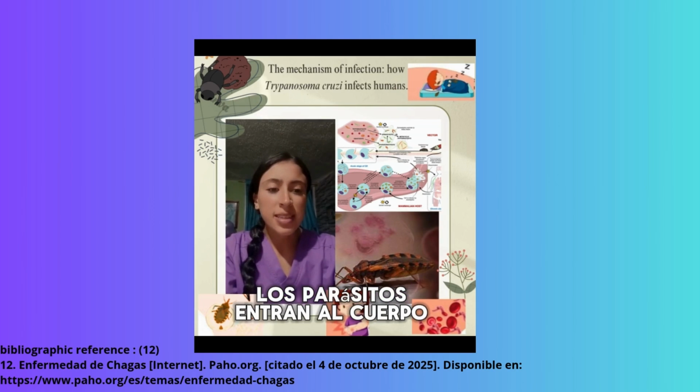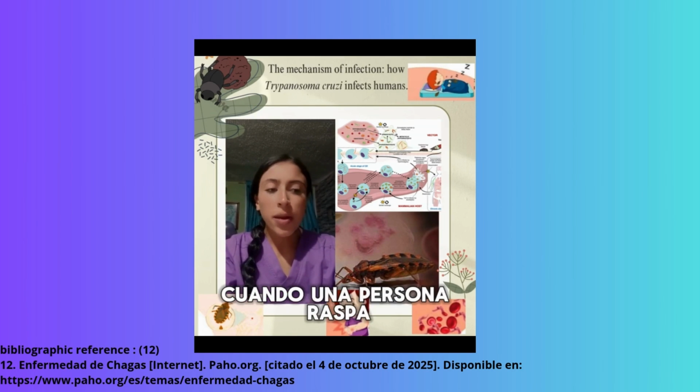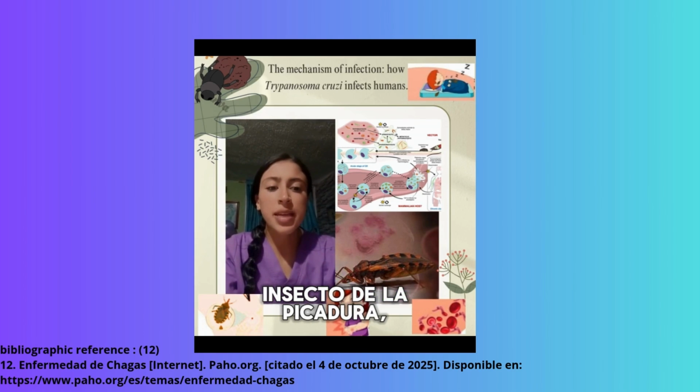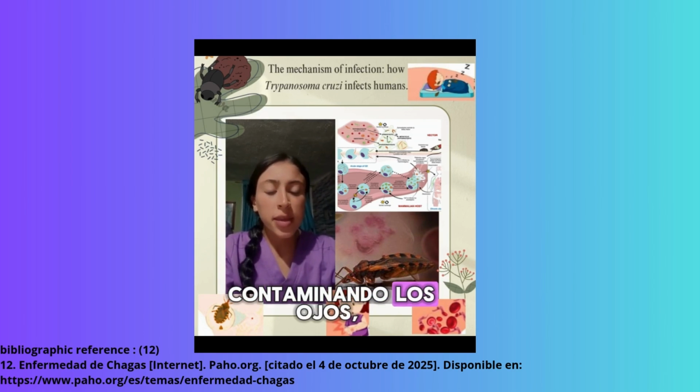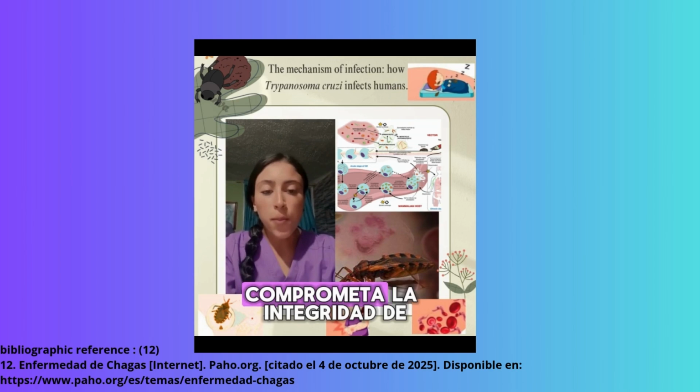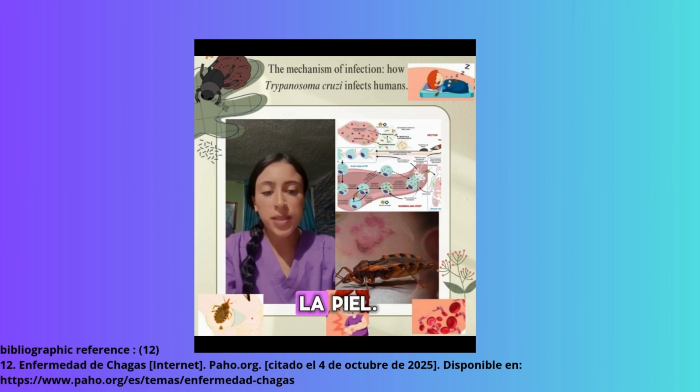The parasites enter the body when a person instinctively scratches the bite, rubbing the insect's feces into the wound, contaminating the eyes, mouth, or any break that compromises the integrity of the skin.